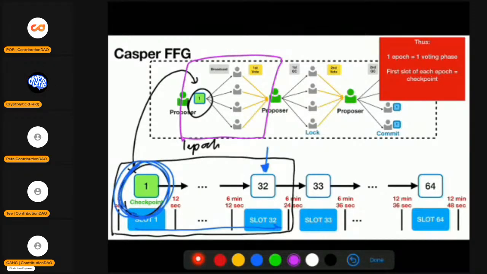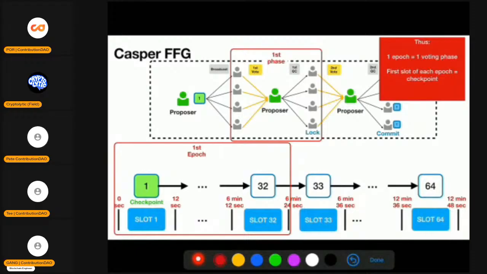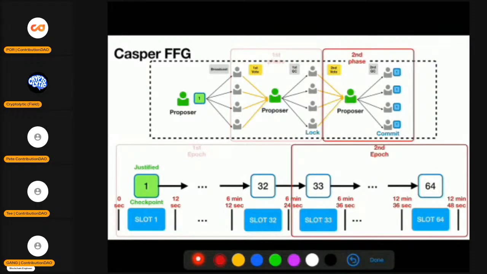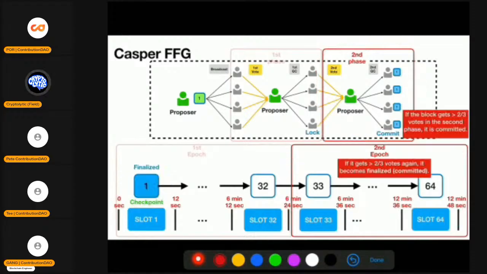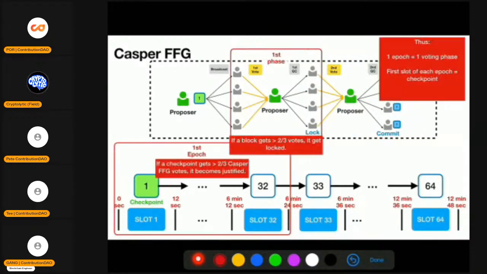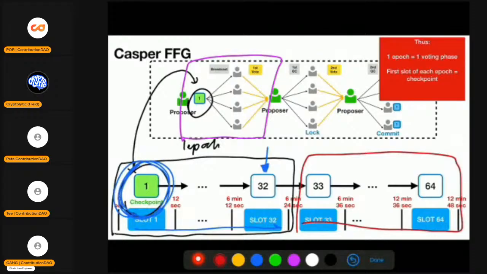So in order to receive another vote from all of the validators, you would have to wait for another epoch here, in order for this one to receive all of the validators' votes again. And then you will be able to finalize it. Okay, if I have to say it again, it would be something like this.